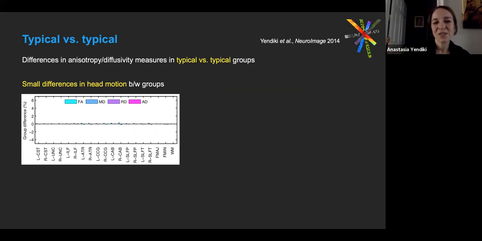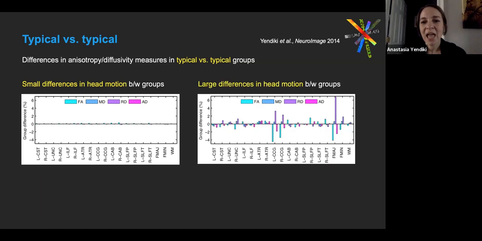In the cases where we had very similar head motion between the two control groups, we basically didn't see any differences in FA, mean, radial and axial diffusivity. And in the cases where we happened to pick 30 and 30 subjects where there was much more head motion in one group than the other, we saw similar effects as in the autism versus typical comparisons.